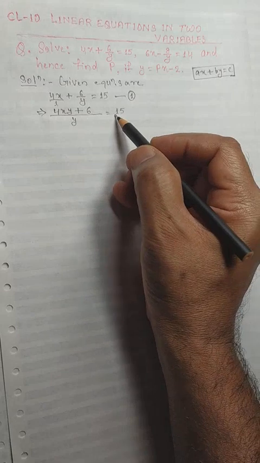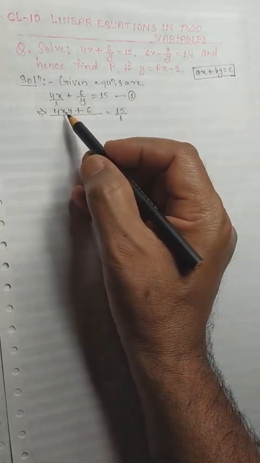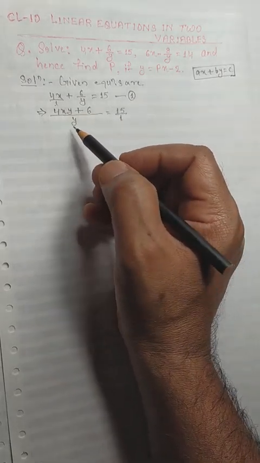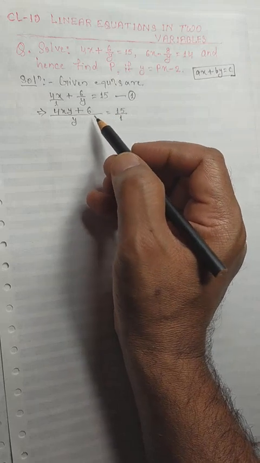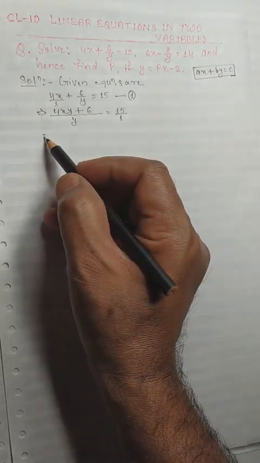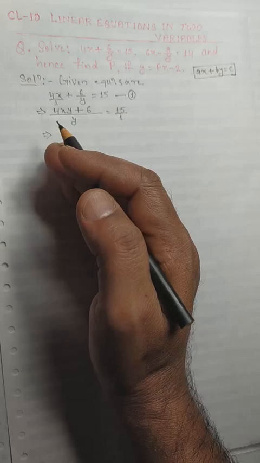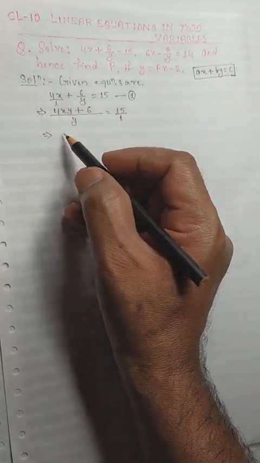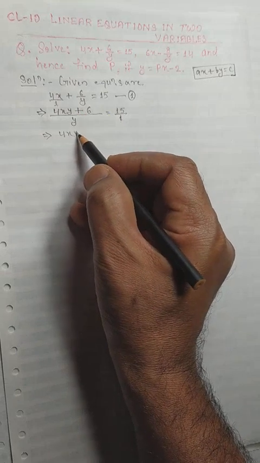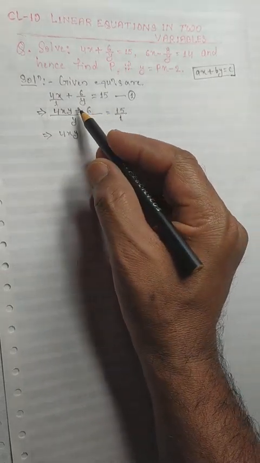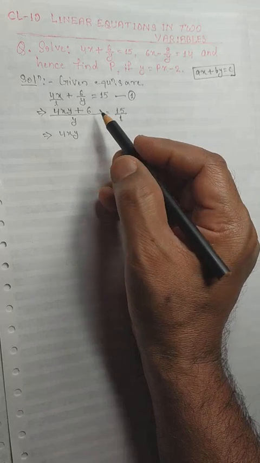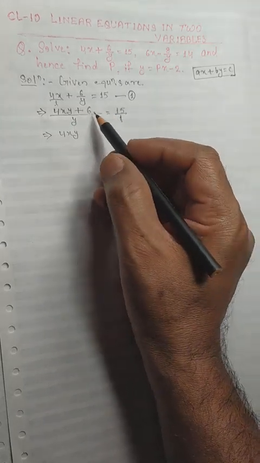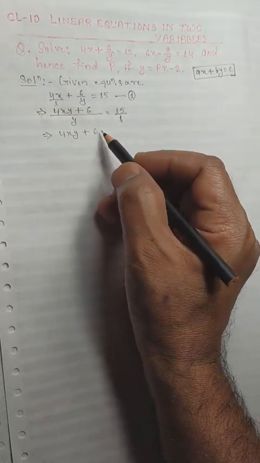Now, if we look at the LHS, 4xy plus 6 by y, those are unlike terms, we can't do anything. And here we have two fractions, one in LHS, another in RHS. Let's do cross multiplication. 4xy into 1, 6 into 1, 6.